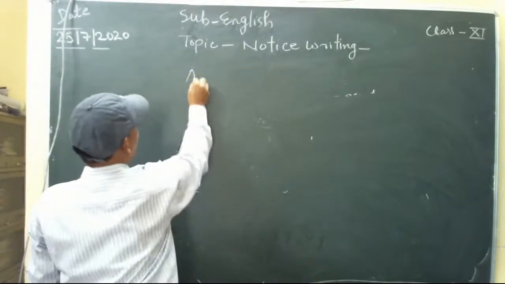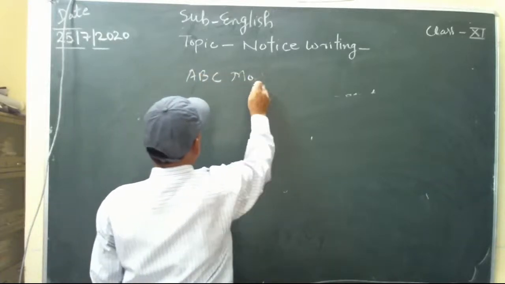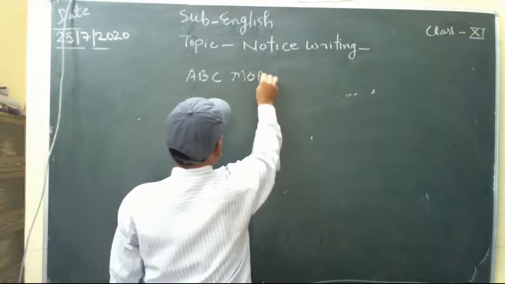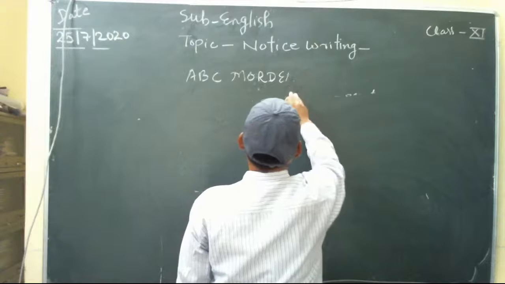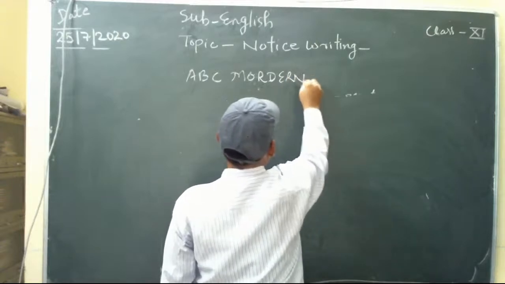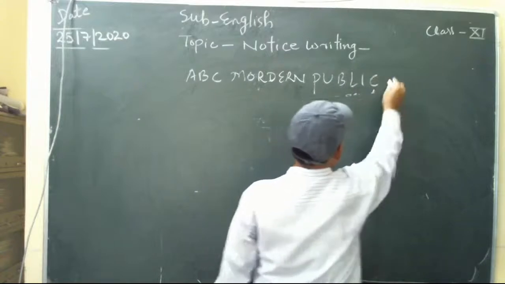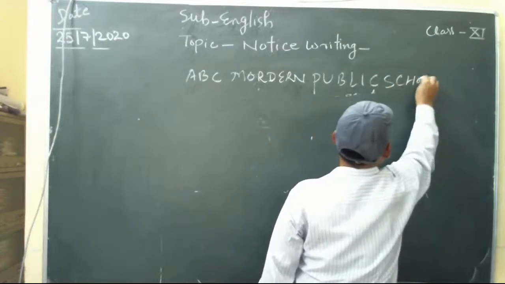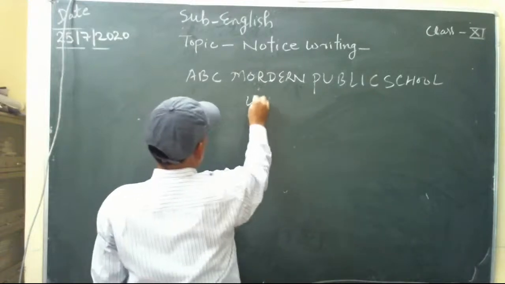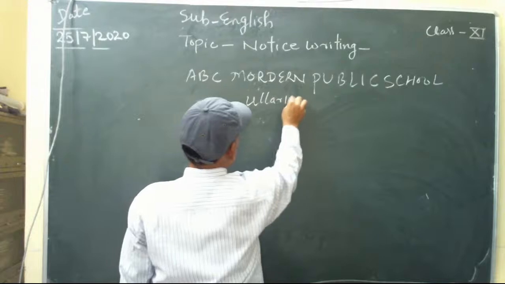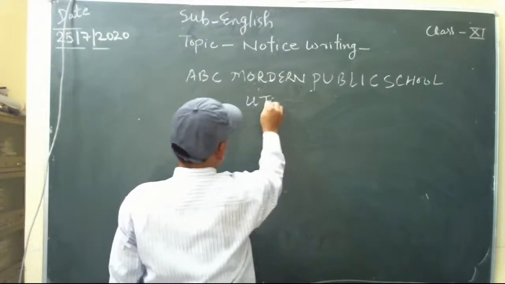First of all, we will write the name of the organization, ABC Modern Public School, or the name of the place maybe, in block letters.